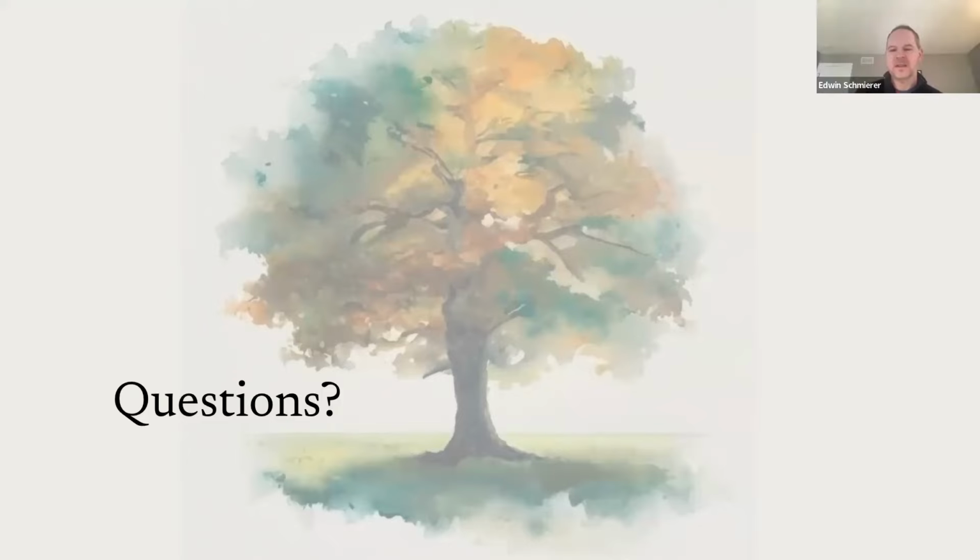Exactly. And then one more that's slightly more technical: how do knowledge graphs relate to small language models or LLMs in general? Oh, that's a great question. So I might point you to an earlier talk.